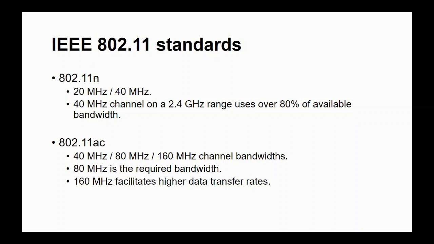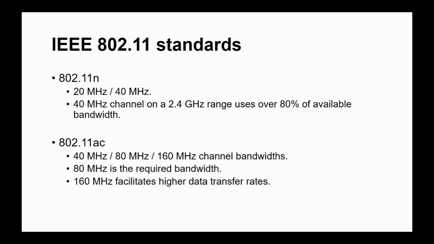802.11n has two options to use. With 802.11n, there is a possibility of using a signal bandwidth of either 20 MHz or 40 MHz. The 40 MHz bandwidth is used to gain higher data throughput. To avoid some of those bandwidth shortcomings with 2.4 GHz, the 802.11ac standard uses 5 GHz.